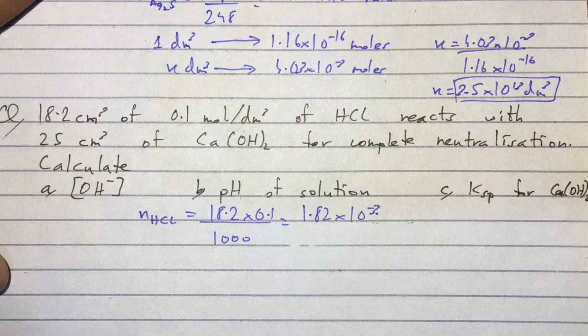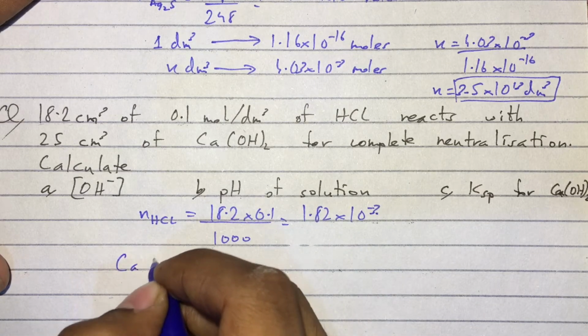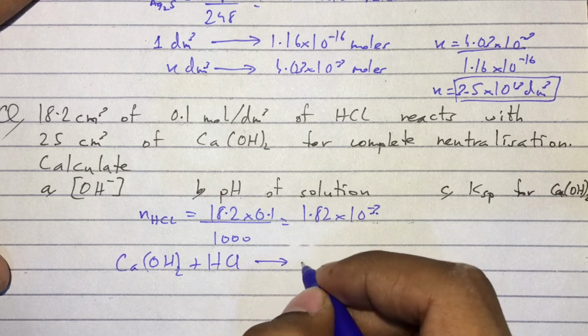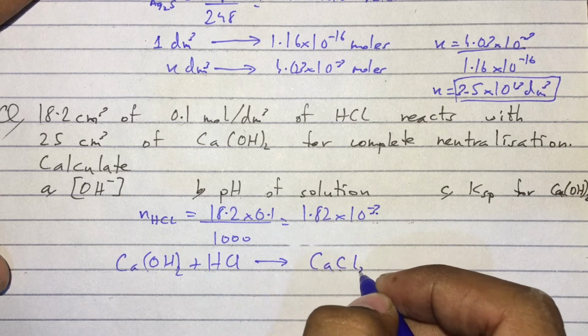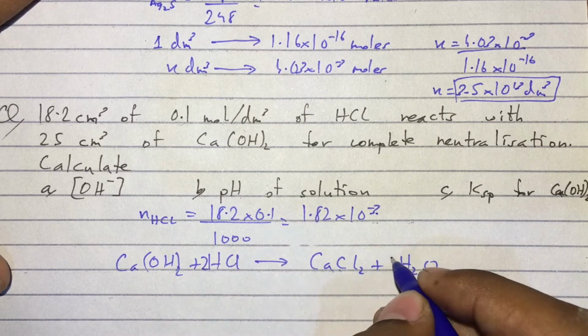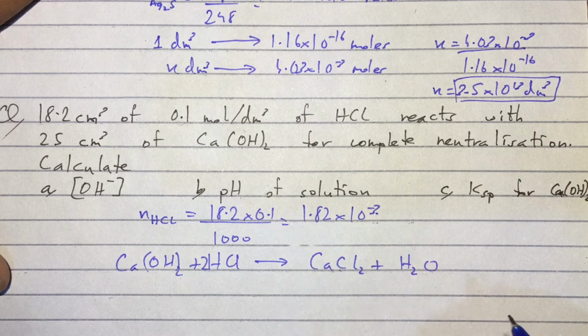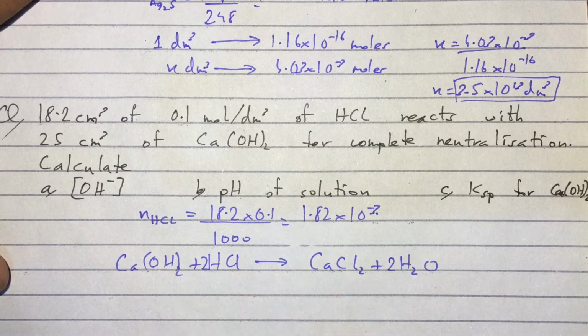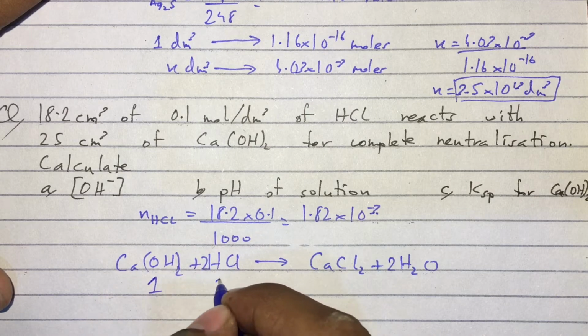So this reacts with calcium hydroxide, that is 25 cm cube. Calcium hydroxide reacts with HCl to produce calcium chloride plus water. Balancing this, this will be 2 and this will be 2, yes, 4 hydrogen. So the ratio is 1:2.